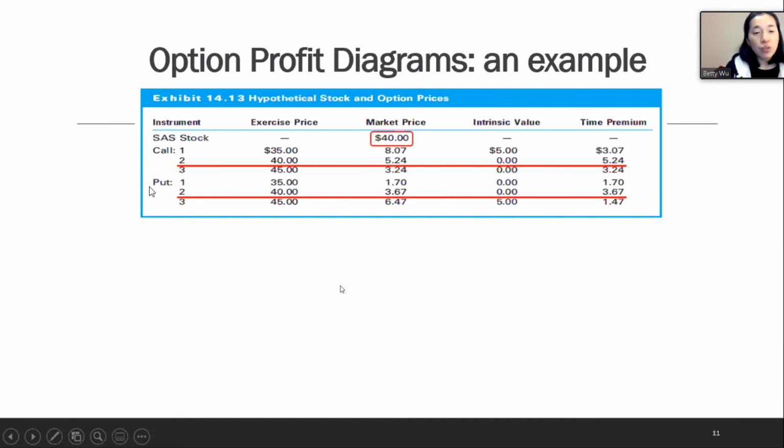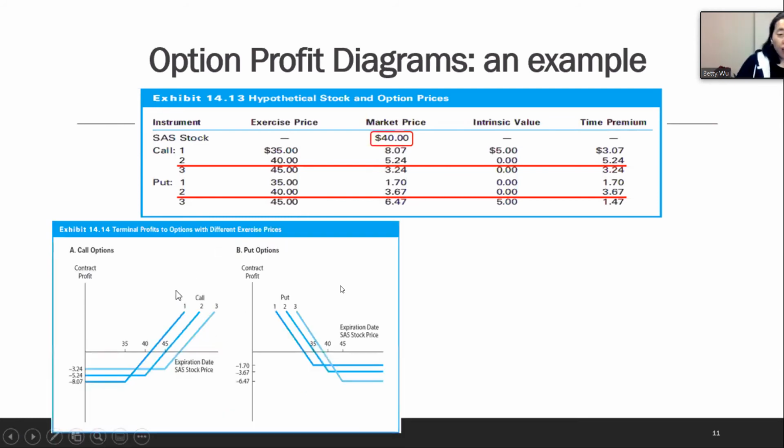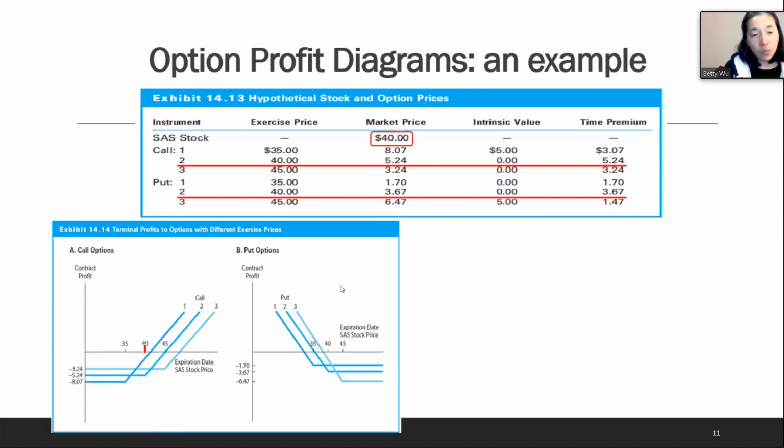You can do a similar exercise for put options. So put number 2 is again at the money, this one is out of the money and this one is in the money. This is the profit diagram, and the way I would do it, again, you can have a different approach, but I always start with the exercise price.